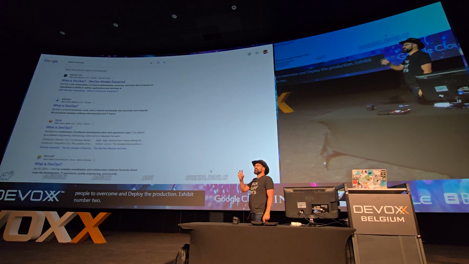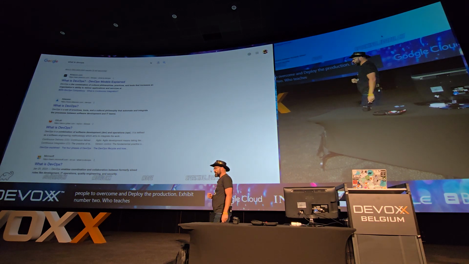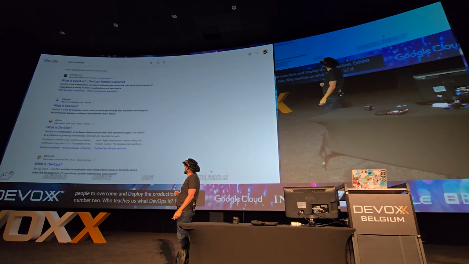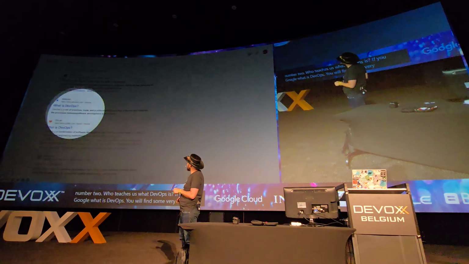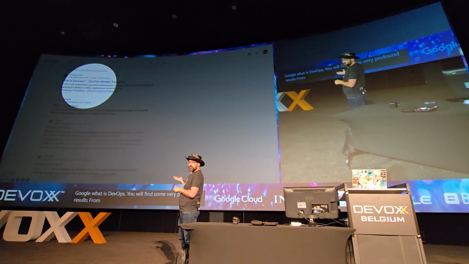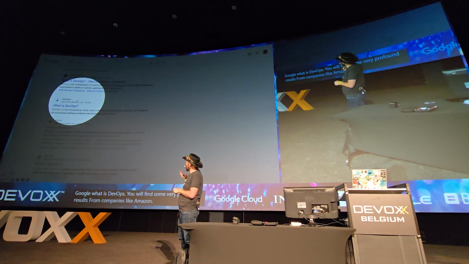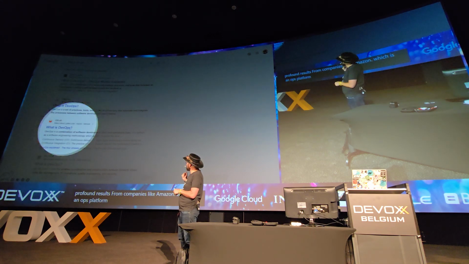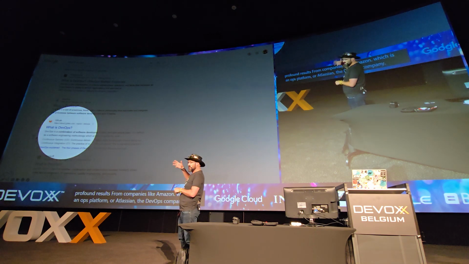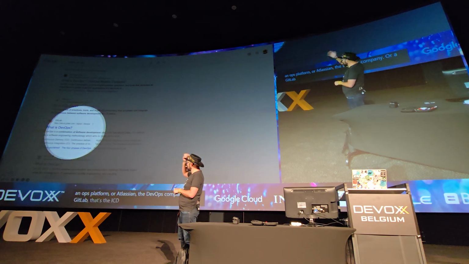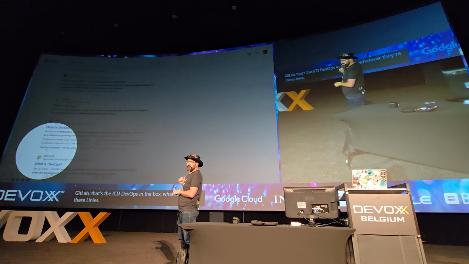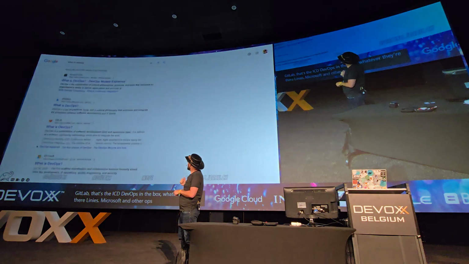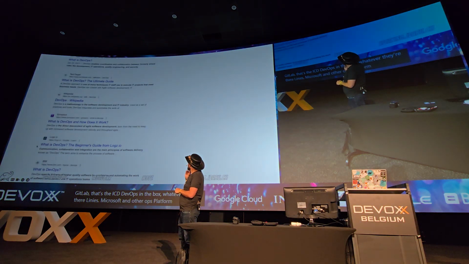Exhibit number 2. Who teaches us what DevOps is? If you Google what is DevOps, you will find some very profound results from companies like Amazon, which is an ops platform, or Atlassian, the DevOps company, or GitLab, the CI/CD DevOps in the box, whatever their line is, Microsoft, another ops platform. Who else do we have here?